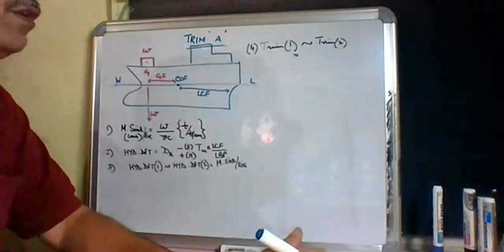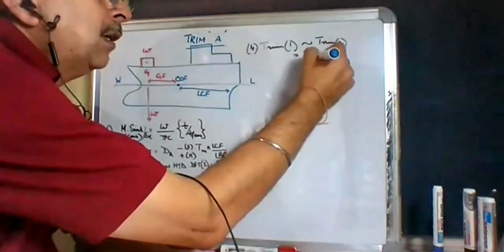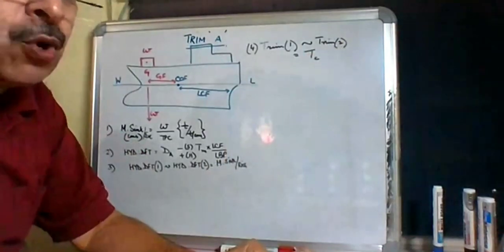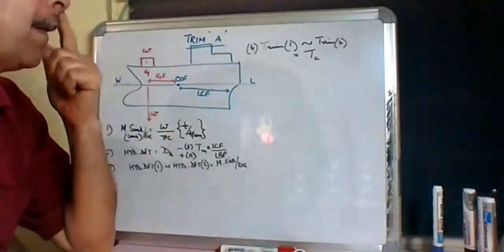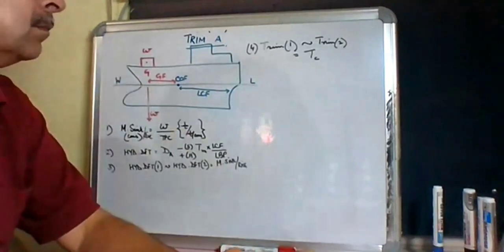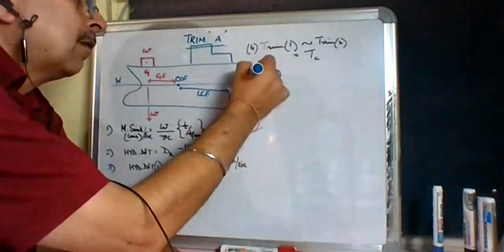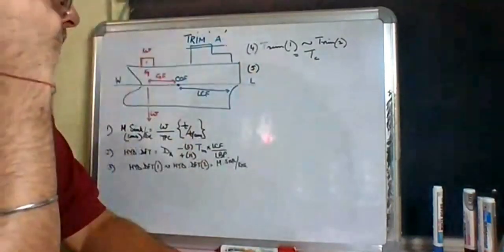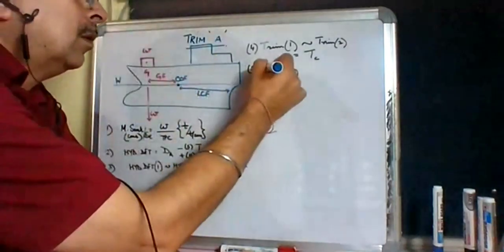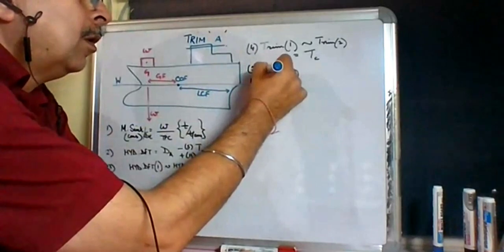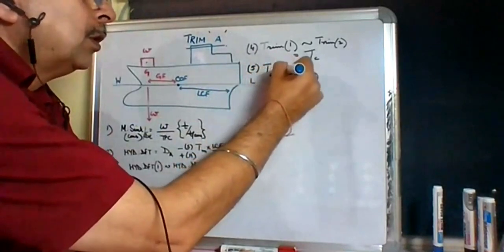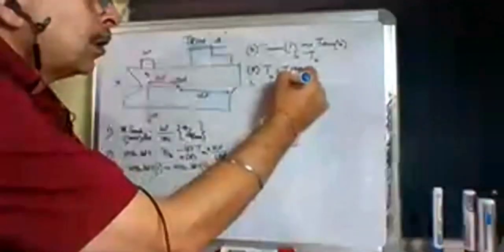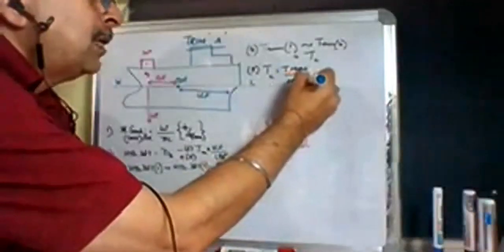Trim 1 difference trim 2 will give you TC, that is total change in trim or trim cost. Trim cost is equal to trimming moment upon MCTC.